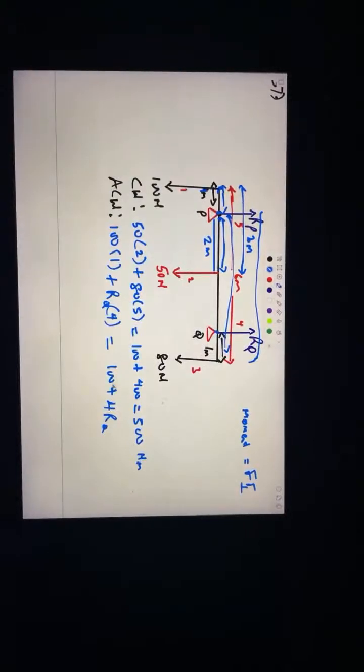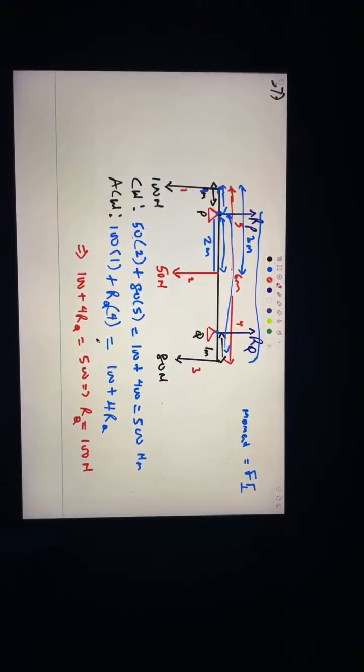Now what happened is that sum of clockwise equals sum of anti-clockwise, and that implies that 100 plus 4 RQ will be equal to 500. If you solve this quickly, RQ is going to be 100 newtons.